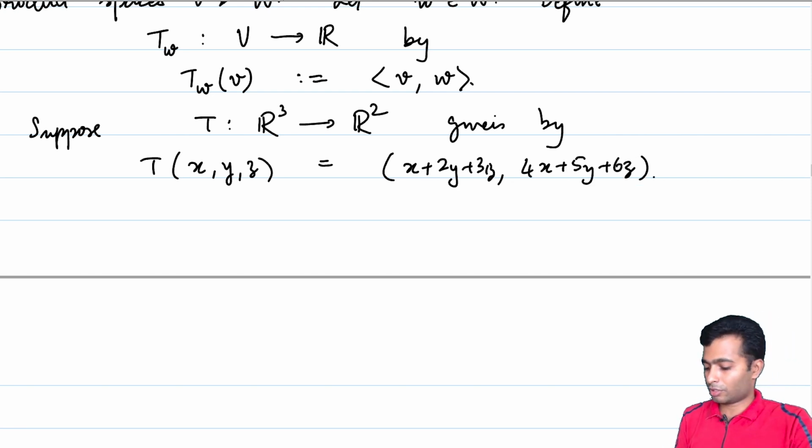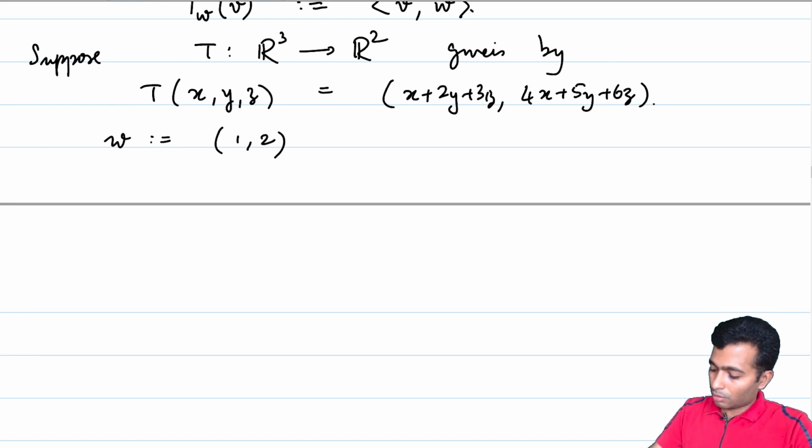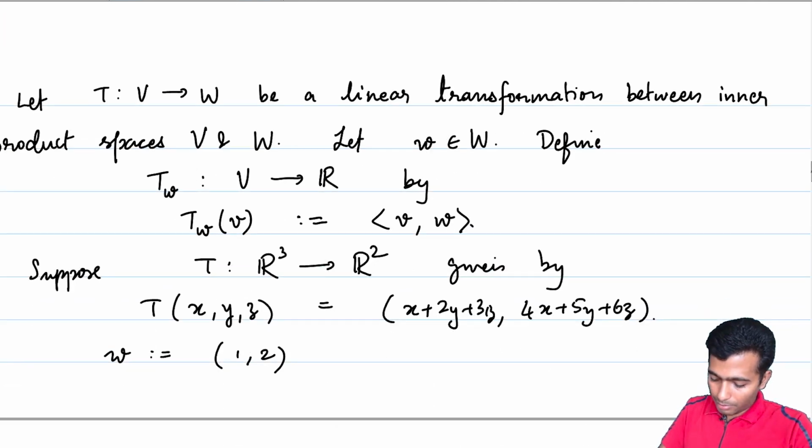Suppose we have two such coordinates where (x, y, z) is being sent to, and we would like to define T_w. So let's fix w to be, let's say, something like (1, 2). Notice that w should be in capital W, right? That is what our choice here was.